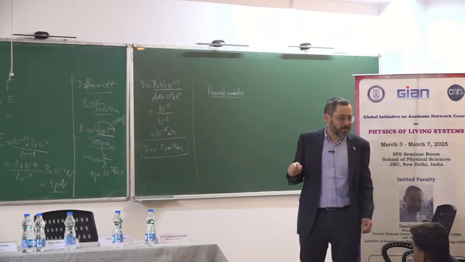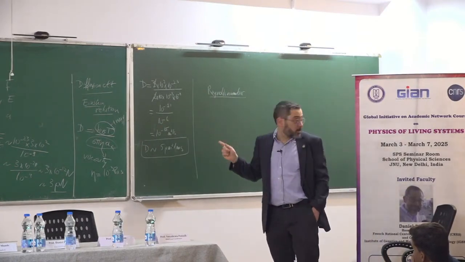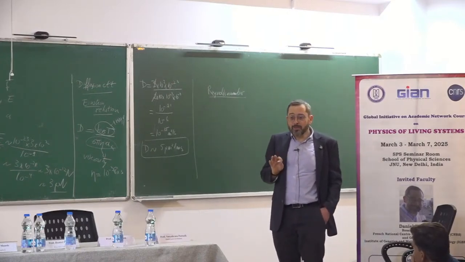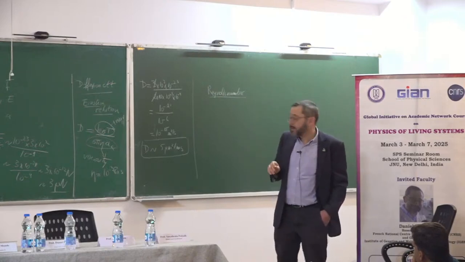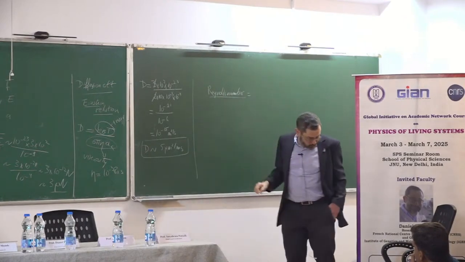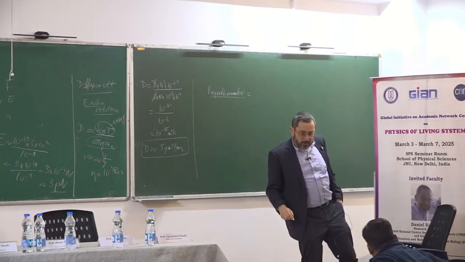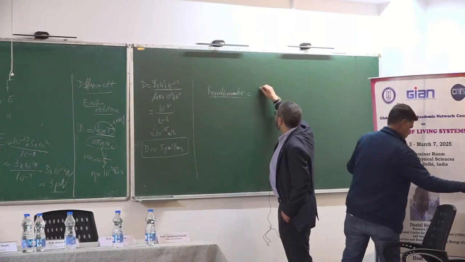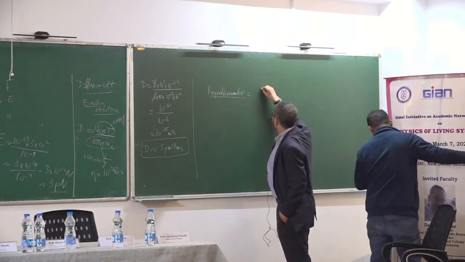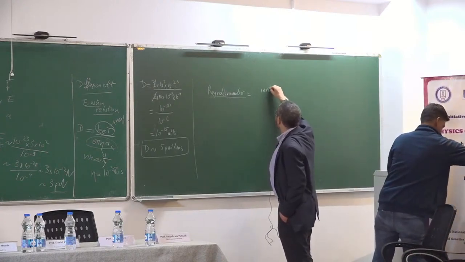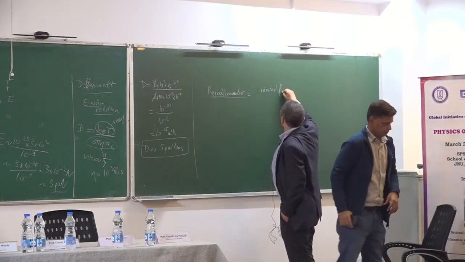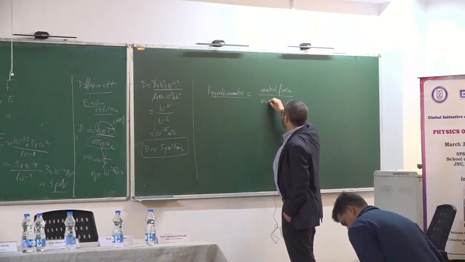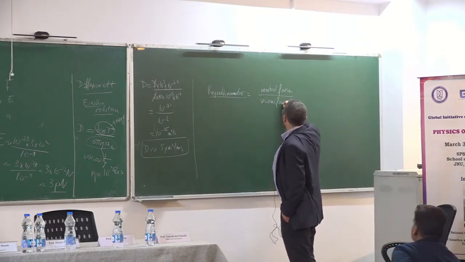Okay. So the Reynolds number is a number that is extremely useful because it's a number that has no unit, so it's easy to manipulate. And it's basically the ratio of the inertial force over the viscous force.